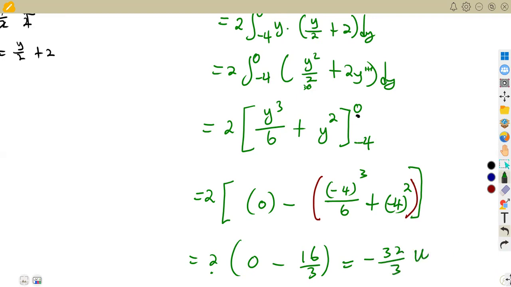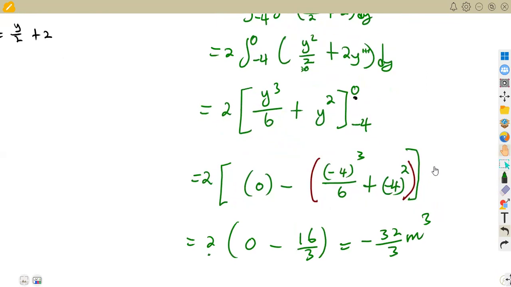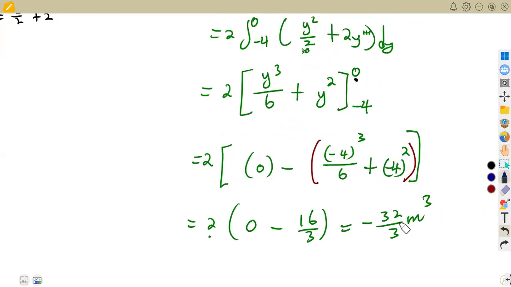This is the area moment, which is cubic units. So it's going to be cubic meters. These are cubic units, or you can even have it as a decimal. That will be something like -10.667 if you round off to 3 decimal places, all right? That's what you're going to have at the end.